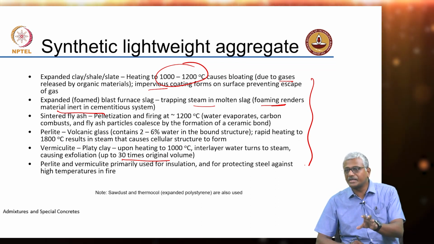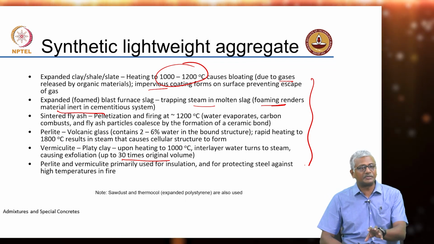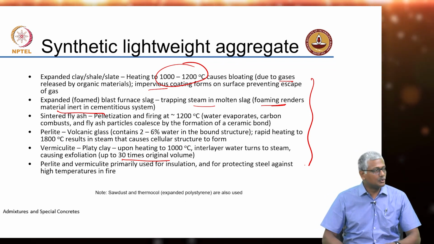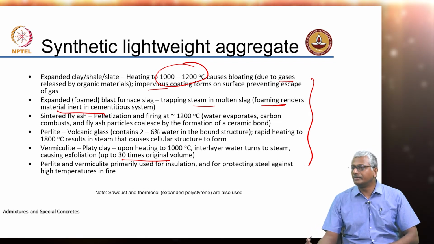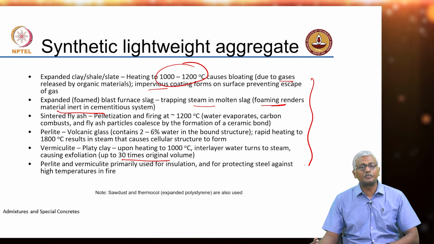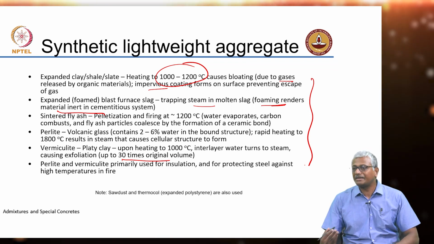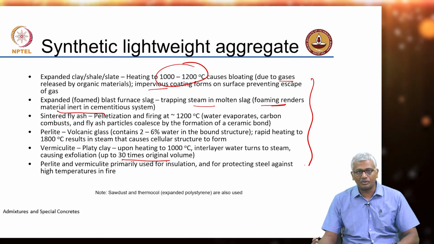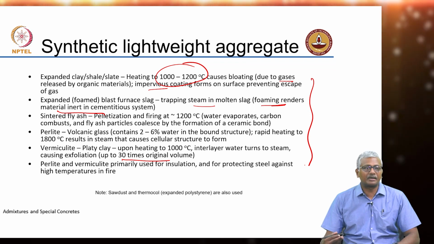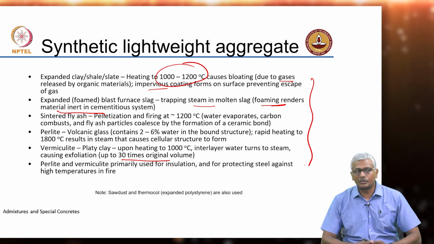That is why using lightweight aggregate is not always very sustainable from the point of view of actually using something natural versus making something lightweight by providing heat energy to it. At the same time, there are applications where we cannot do without lightweight aggregate. If you really want extremely low density concrete, then using lightweight aggregate, if it is available at a cost that can be justified, is a good idea.